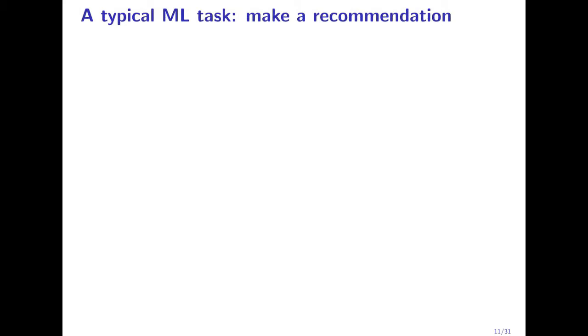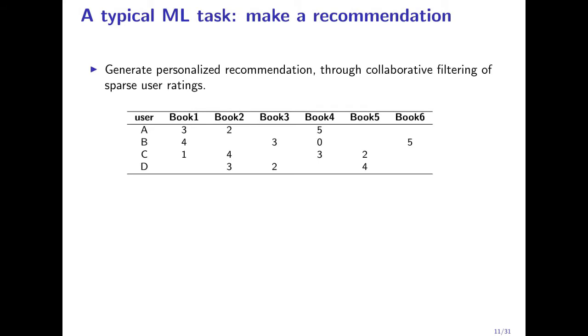This is a very interesting problem, because you typically have a table like this. You have a few users, and the users have given ratings to different books. But of course, not all users rate all books. You typically have millions of books and lots of users and only a few ratings per user, so it's a very sparse set.